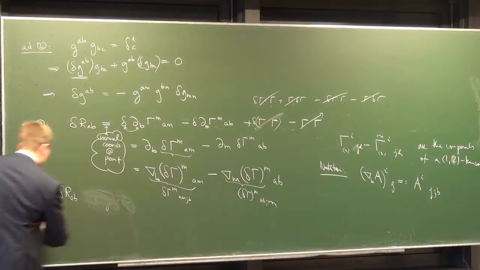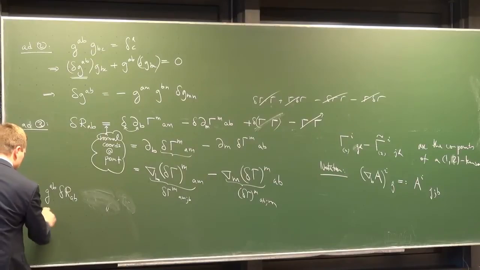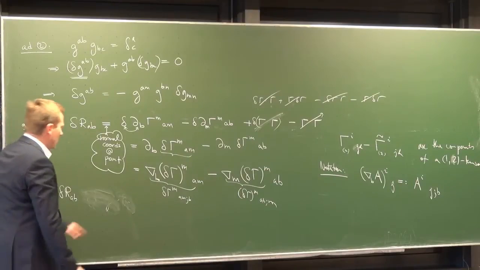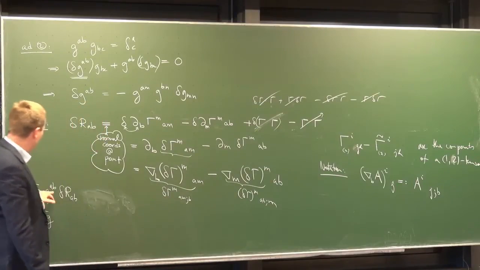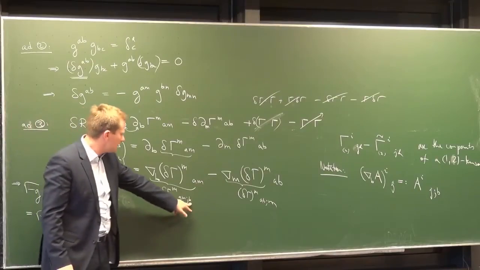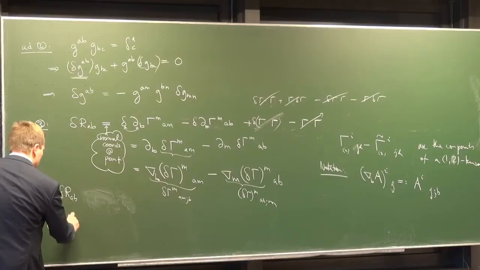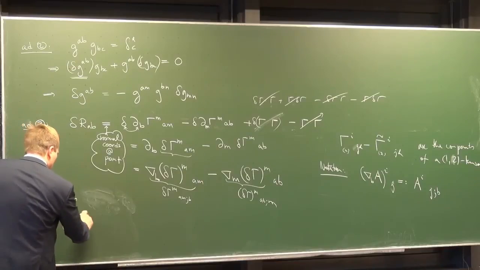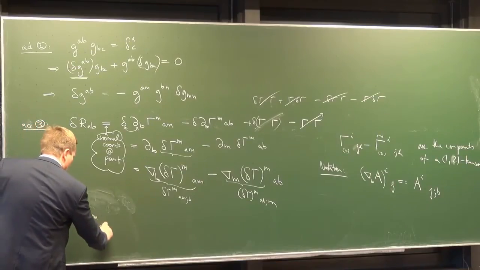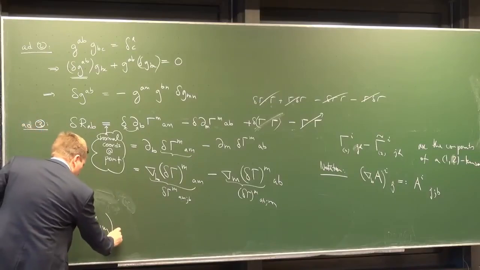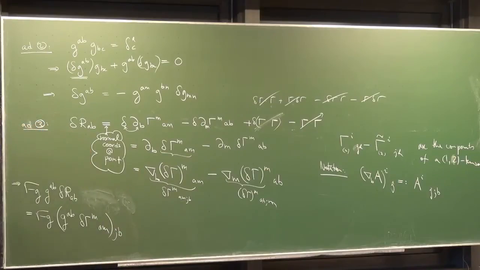So now I use this here. I go maybe a line below, equals square root minus g. Now I can certainly pull this g into the semicolon. Why? Because it's the metric compatible connection. So g^AB delta gamma MAM semicolon B. Why?